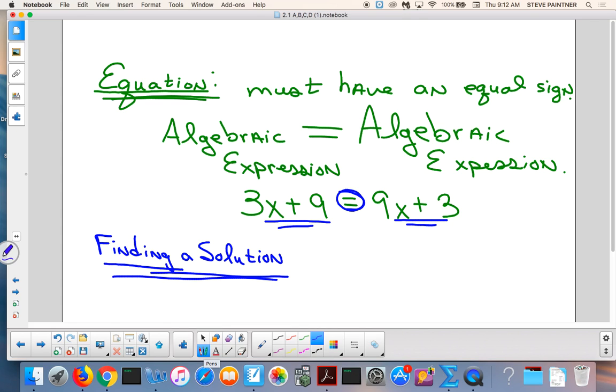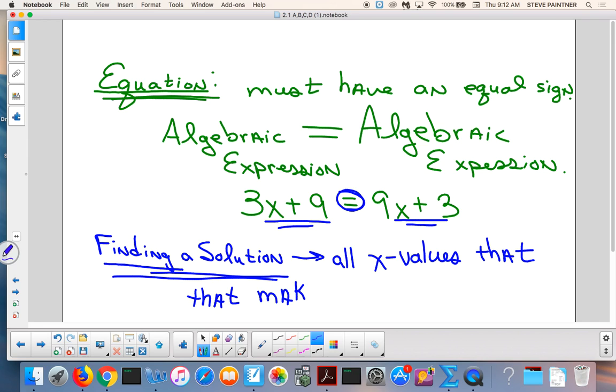Okay, write that down. So this is two major things in day 1. You got equations and finding a solution. All x values that make the equation, any guesses what the next word is?